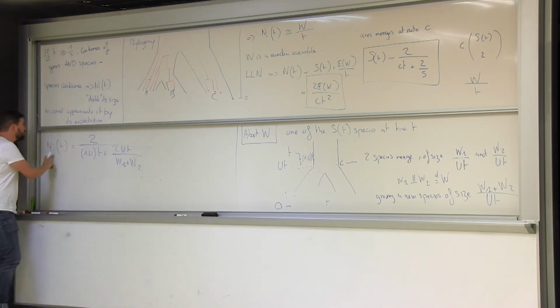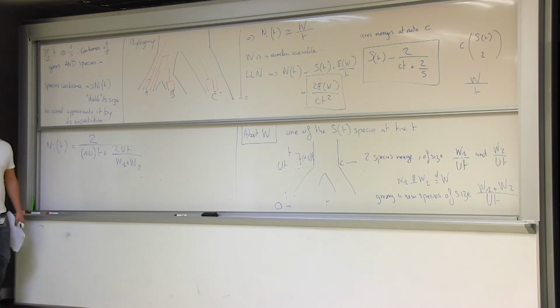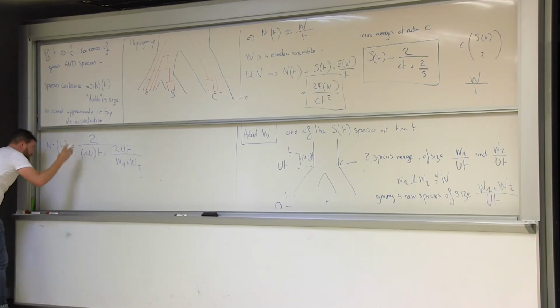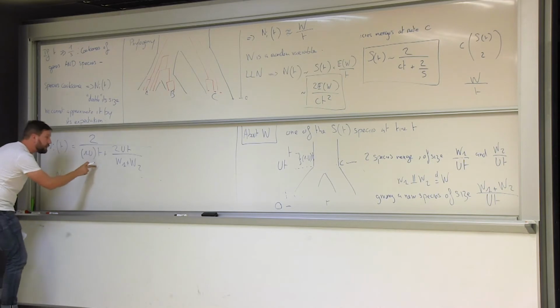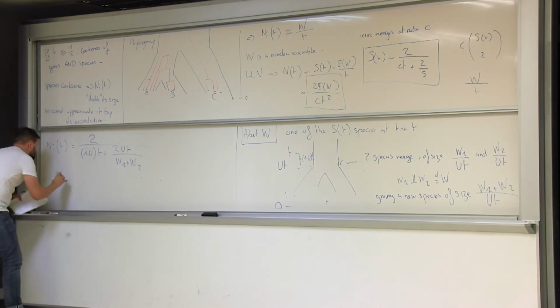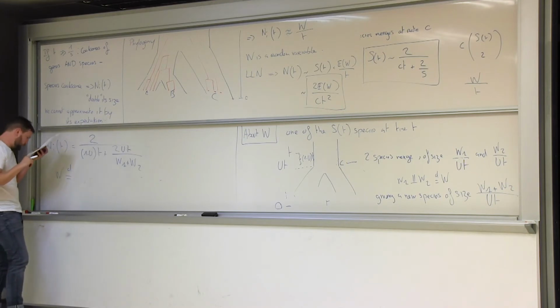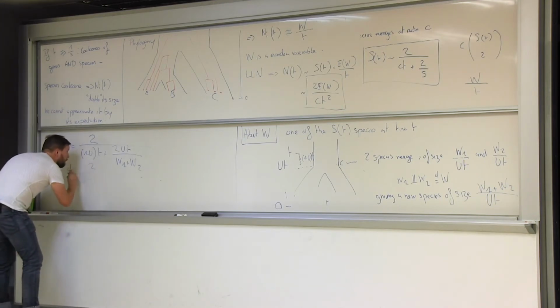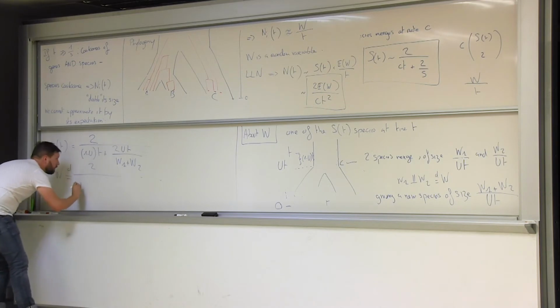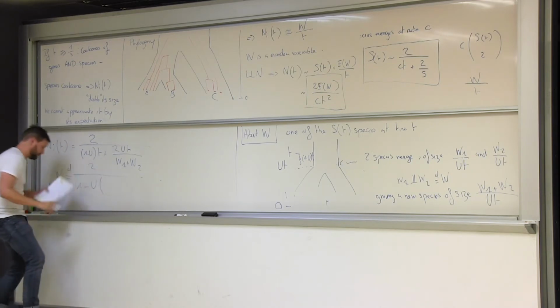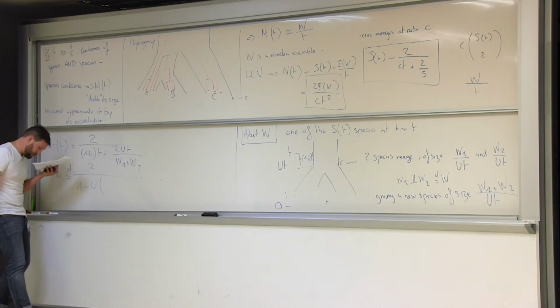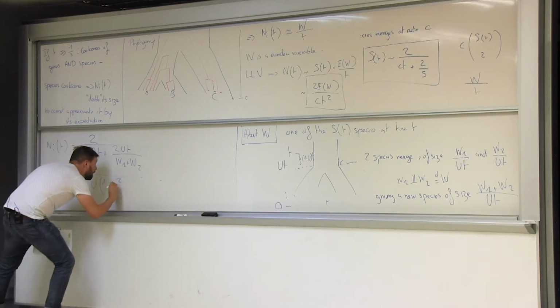And I recall that our idea is that ni of t is more or less w over t, okay? So let's make thousands of approximations. And then we get w over t, but this t I can remove. So w will be in law equal to 2 over 1 minus u times 1 minus 2 the W1 plus W2.